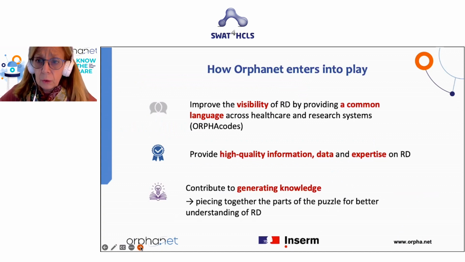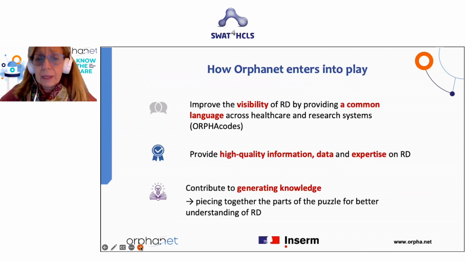The Orpha codes, the codes specific for rare diseases, are a domain-specific terminology. There are others. Cancer has domain-specific terminologies as well. So wherever there is a need for specific coding, we have a domain-specific terminology. The thing is that we need this terminology to be implemented in health information systems in order to give the start in data generation.